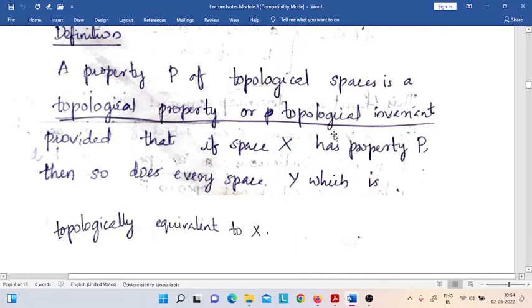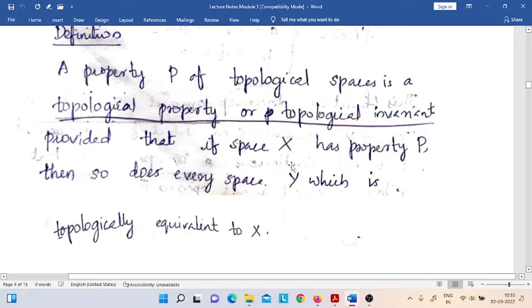What is meant by topological invariance? A particular property is called topologically invariant whenever two spaces are topologically equivalent: if the property is possessed by the first space, then it will be possessed by the second space, and vice versa.